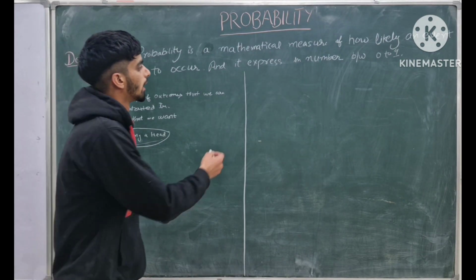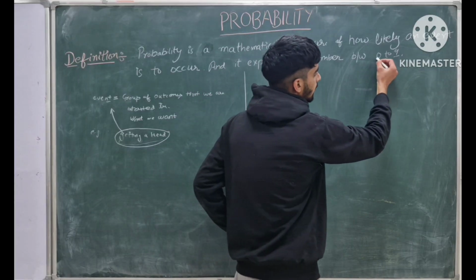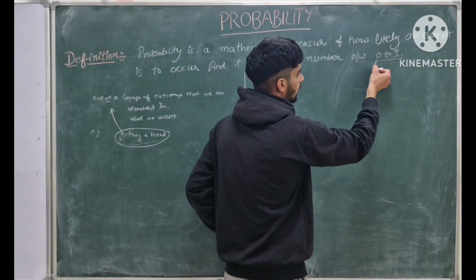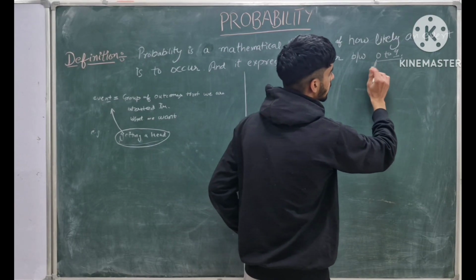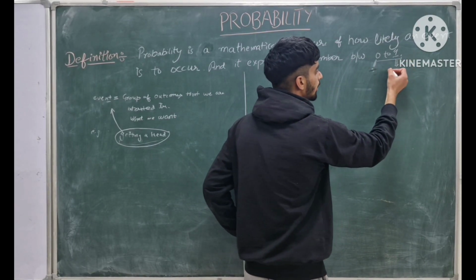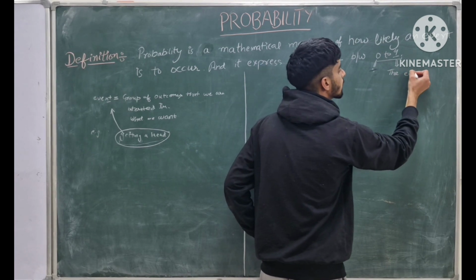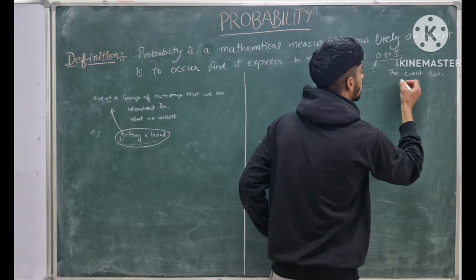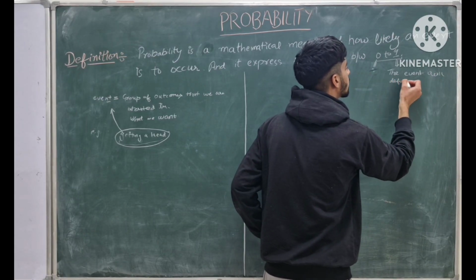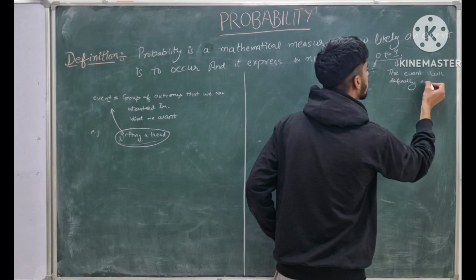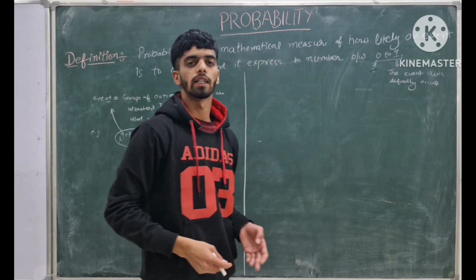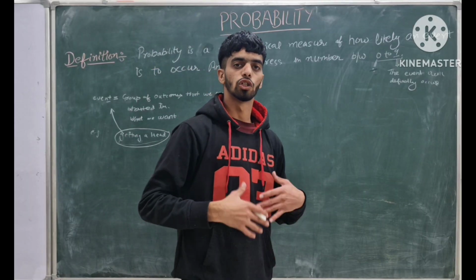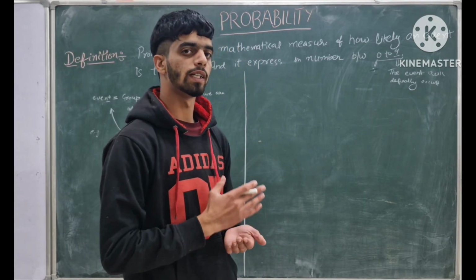So here it is expressed between 0 and 1. This means that if our probability is equal to 1, the event will definitely occur. If we get exactly 1, then we can surely say that our event will definitely occur.